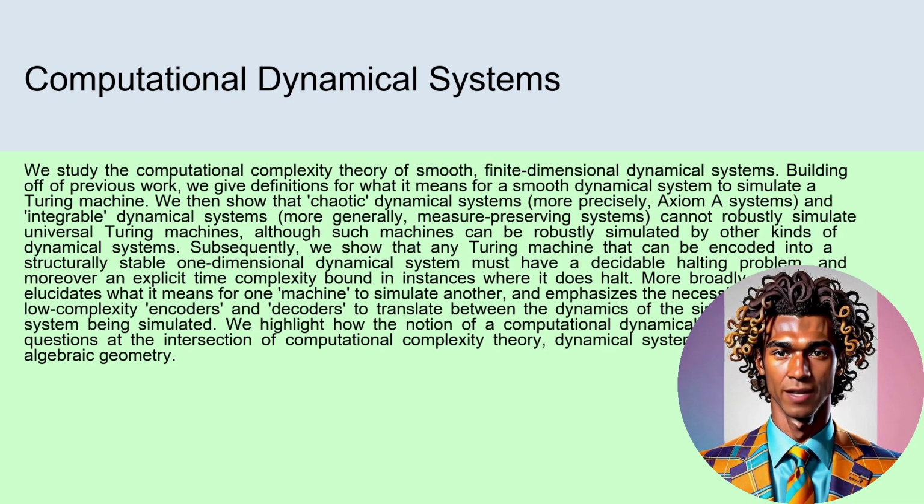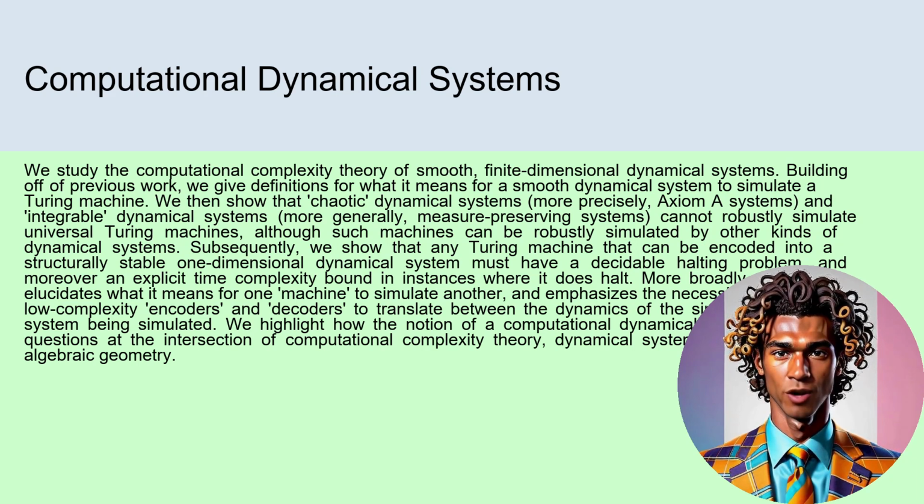The research finds that chaotic dynamical systems, which are known for their unpredictable behavior, and integrable dynamical systems, which are more predictable, are unable to reliably simulate universal Turing machines. However, other types of dynamical systems can simulate these machines.